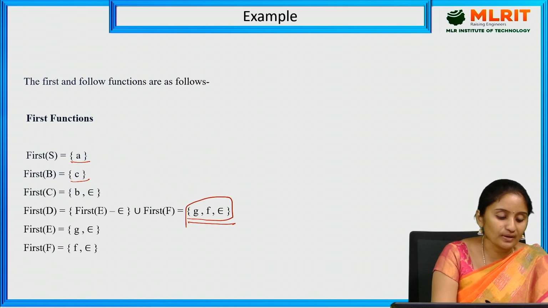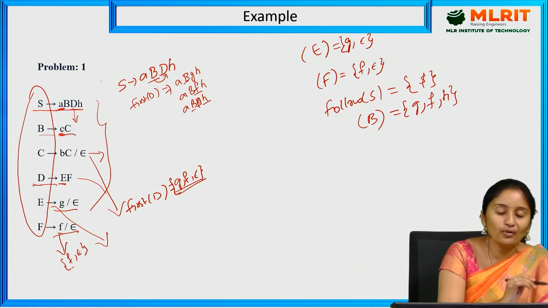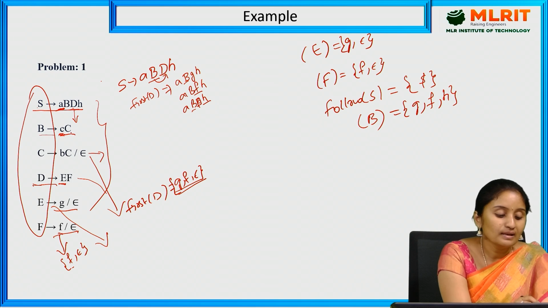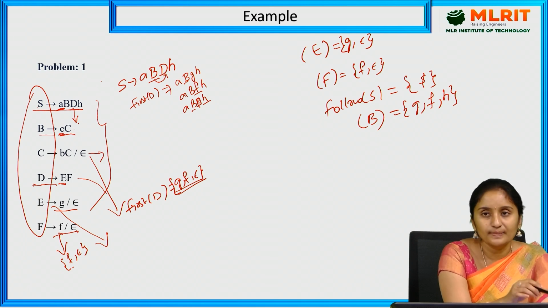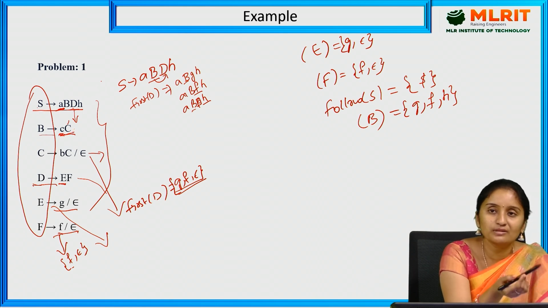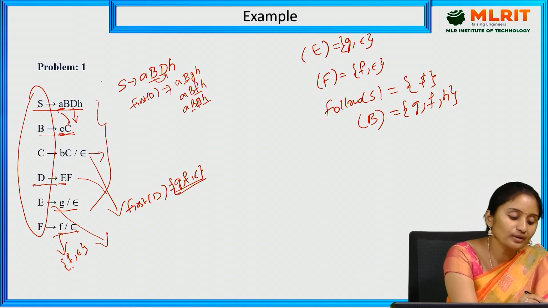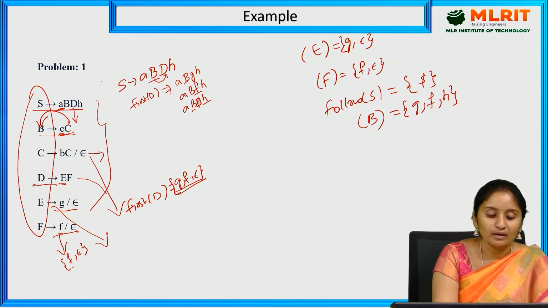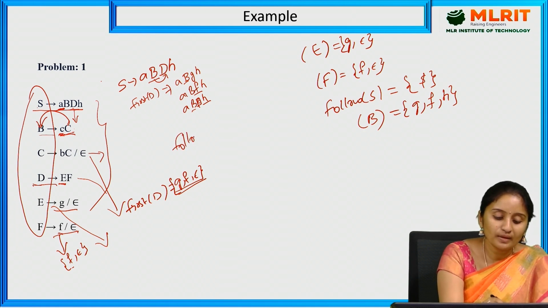The next one, follow of C. See here, C is not having any terminals or non-terminals after it. It is the end of the production. If this is the case, then follow of C is equal to follow of B. I am also having C in another production, but to calculate follow of C it depends upon the second production, so we choose the second production.